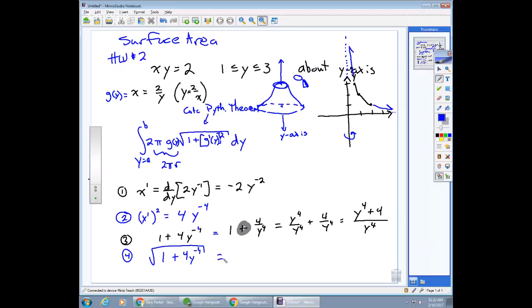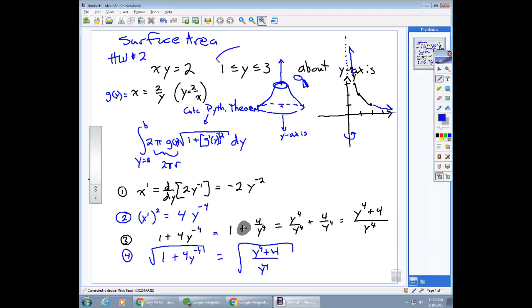So if I plug that in here, I'm going to get a big, tall, long square root where I have y to the 4th plus 4 on the top, and y to the 4th in the bottom. We have a rule that says you can break a square root on division if both top and bottom are positive.